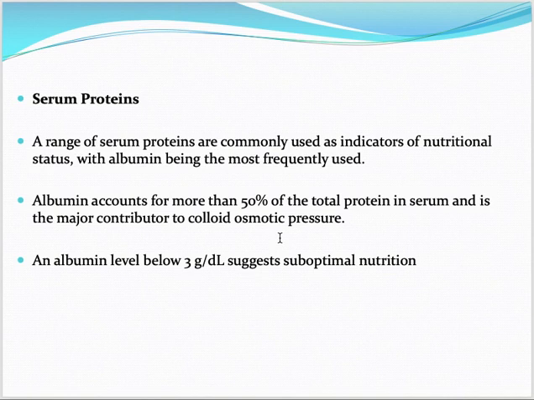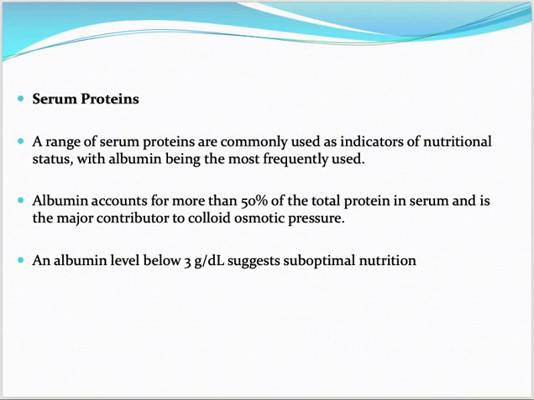So anyone whose albumin level is less than 3 gram per deciliter, it means their nutritional status is not so good, right? Now, we can use transferrin as well, because there are many factors which play a role in this.